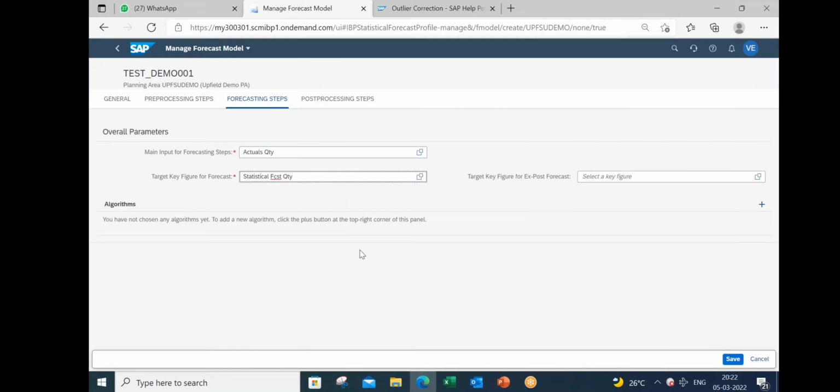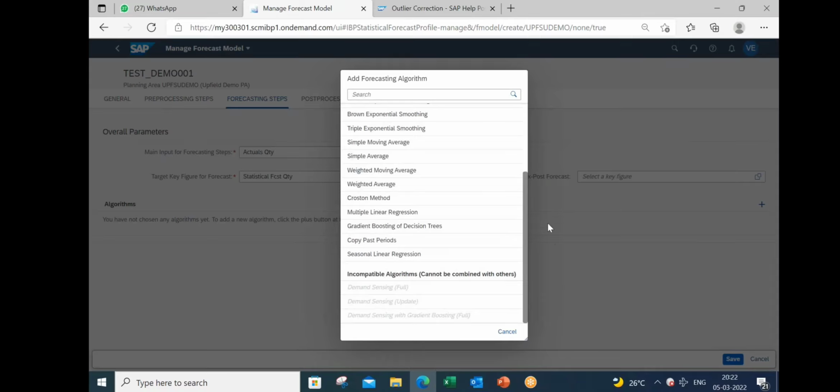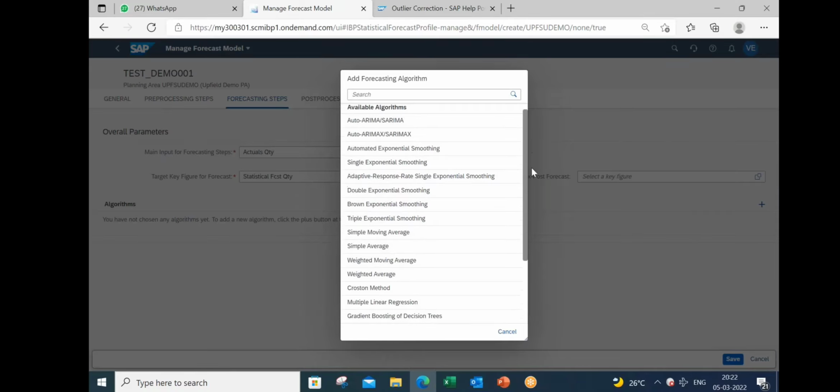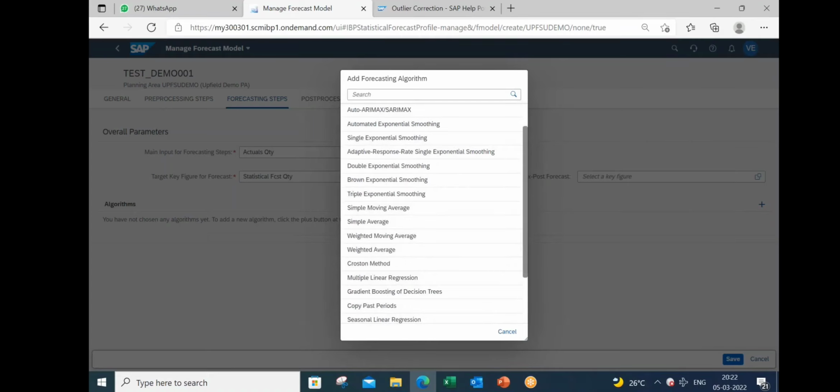So this is the important step of statistical forecasting. You have to click this, and we have all these algorithms in IBP. These many statistical forecasting algorithms I have, and I have to know which one to use. If you know which one to use, then you will get the correct forecast.